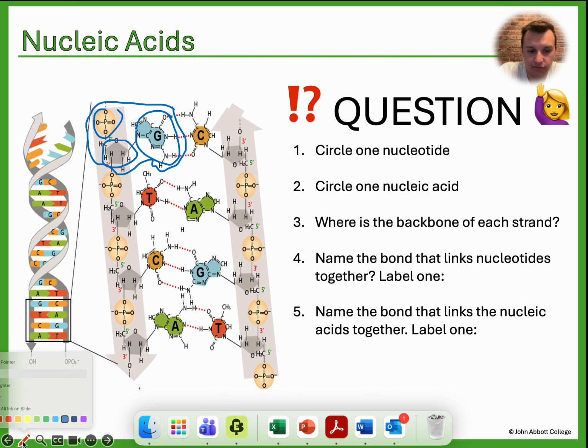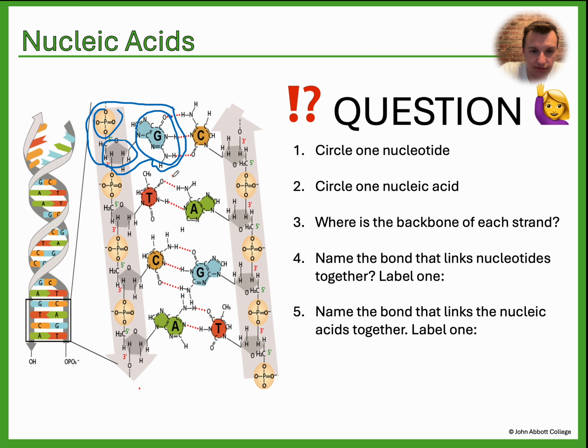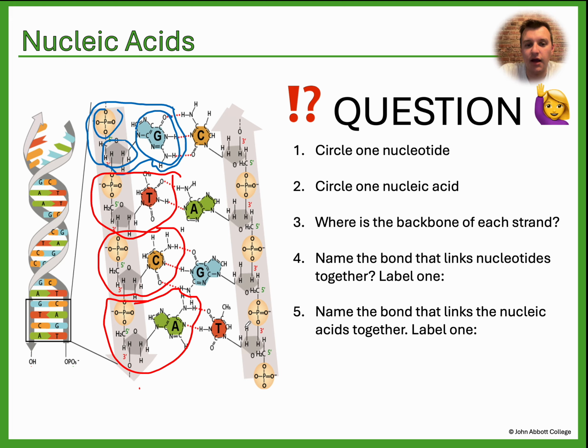Just for fun, I will do it with the other ones. So this is my other. I could have circled this as my nucleotide. I could have circled this as my nucleotide. Or I could have circled this, right? Okay. I could have circled this over here.